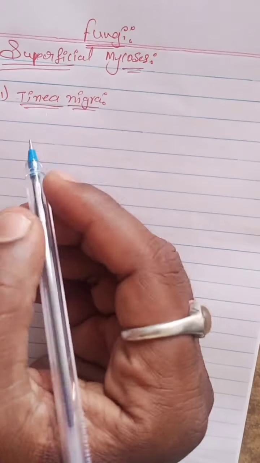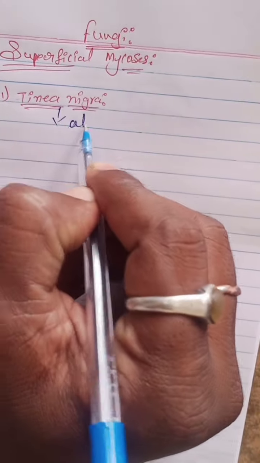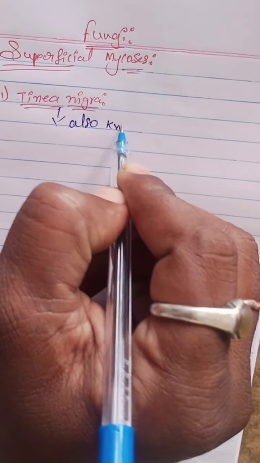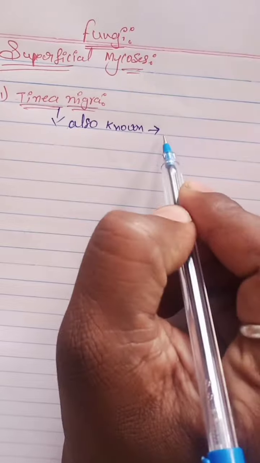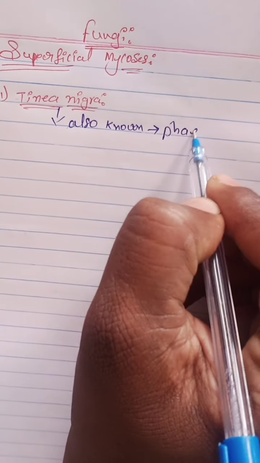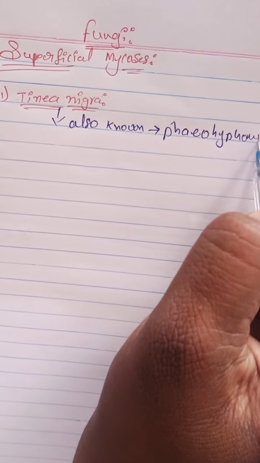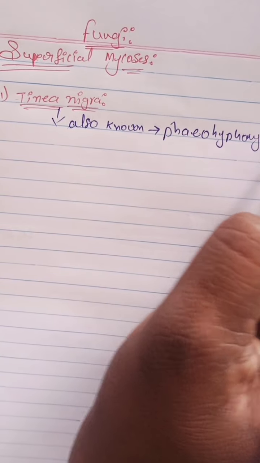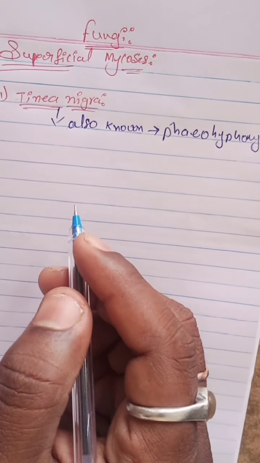Tinea nigra is also known as pyohypomycosis.